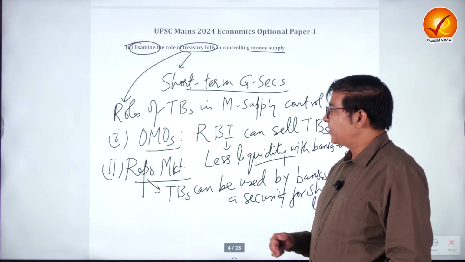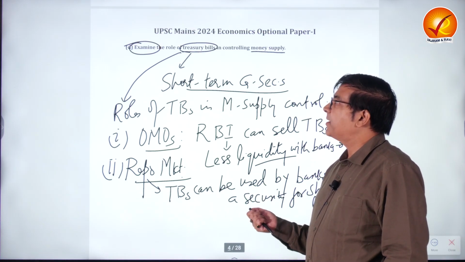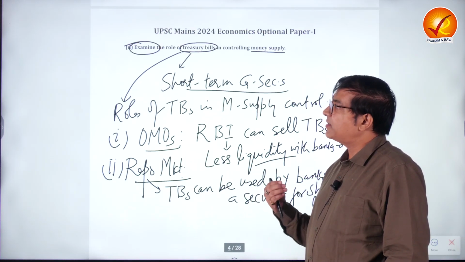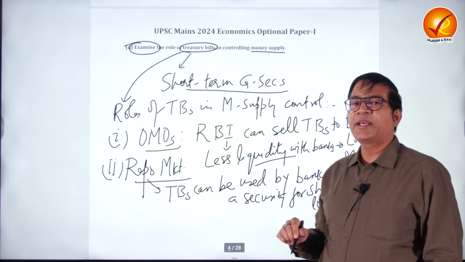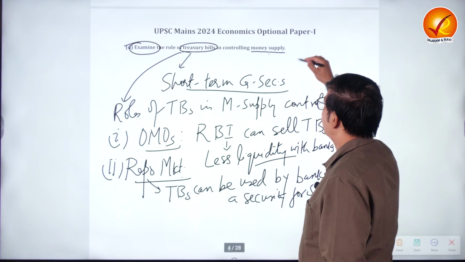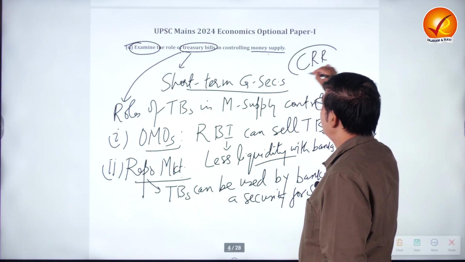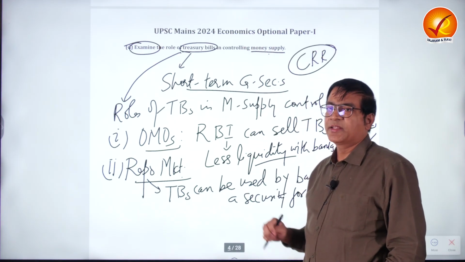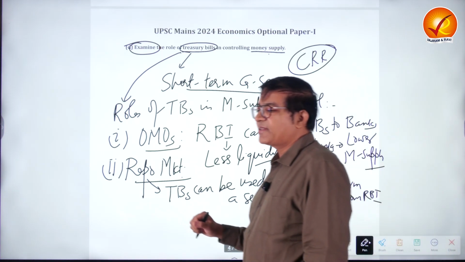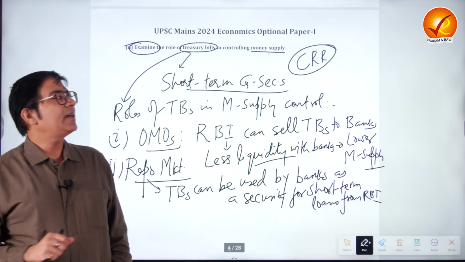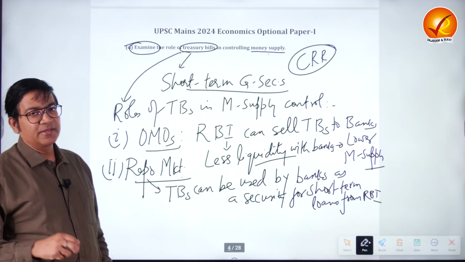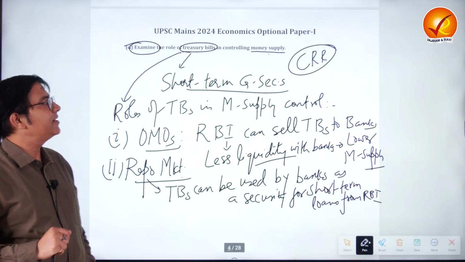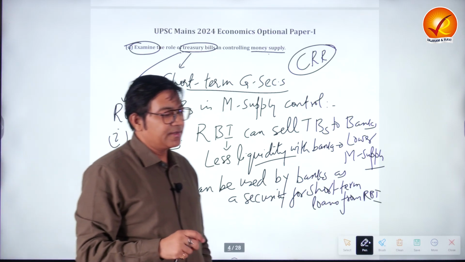And you can also say that there are other monetary policy instruments through which money supply can be well controlled, like CRR, cash reserve ratio, which does not involve treasury bills. This is just the cash which the banks need to keep with the RBI. That has a much more powerful control over money supply than treasury bills. So you can also compare treasury bills with some other monetary policy instrument.